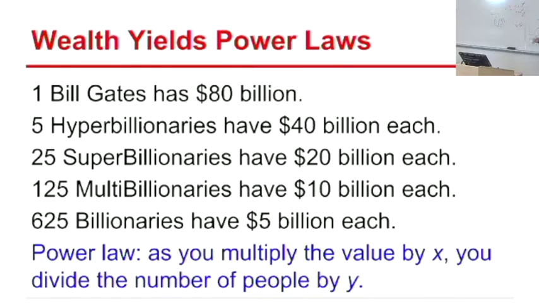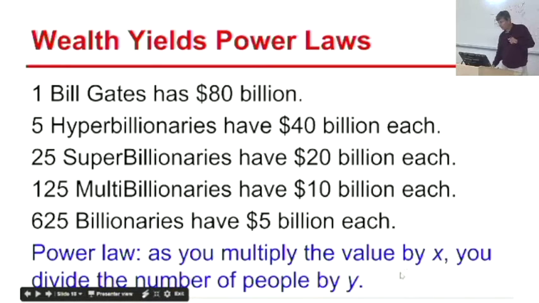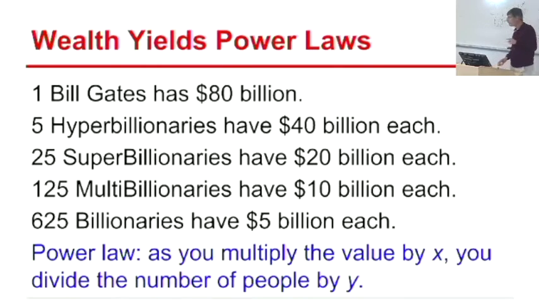That's the same as 2 to the a times x to the a, right? 2 to the a is y. So whenever you have a distribution where, when you multiply the value by something, you divide the frequency of it by something else, that defines a power law. And that ratio between x and y is really captured by this exponent a. Any questions about that?